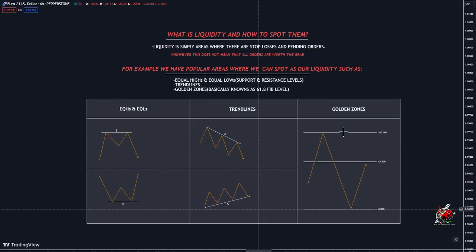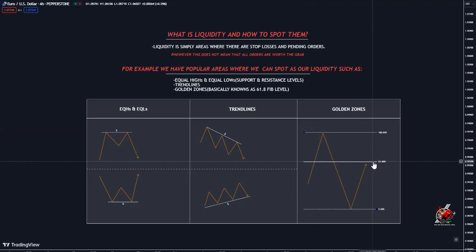The golden zones, you need to understand something. On a Fibonacci tool, we have what we call a 50%. A 50% is right about here, right? And then above 50%, it's 618 level, and then 62, just like that, so on and so forth, right? And then these levels right here are in the premium, right?